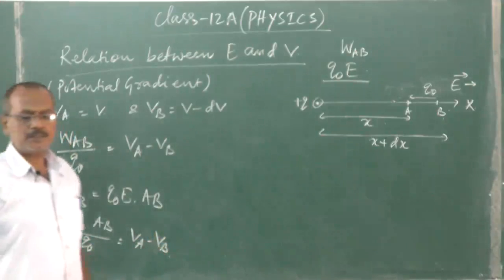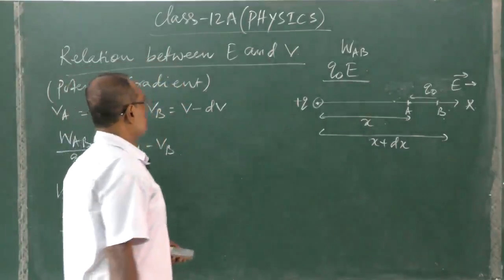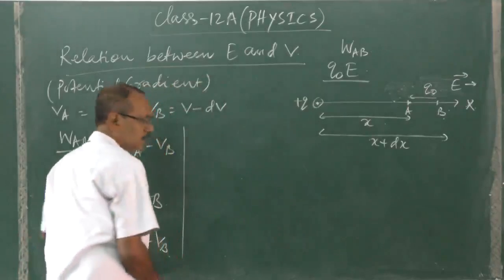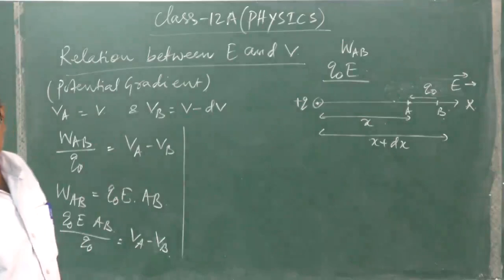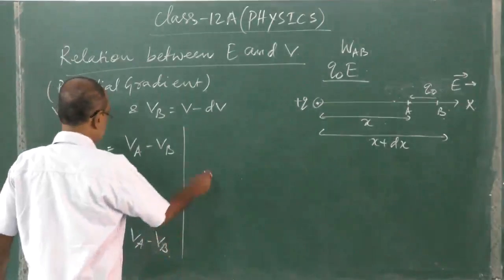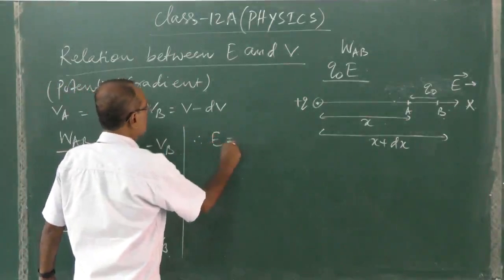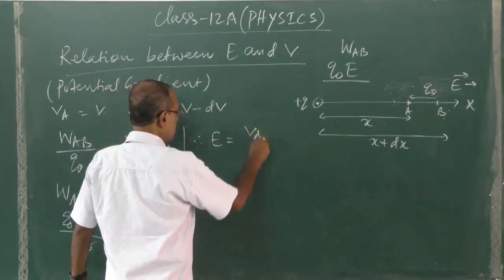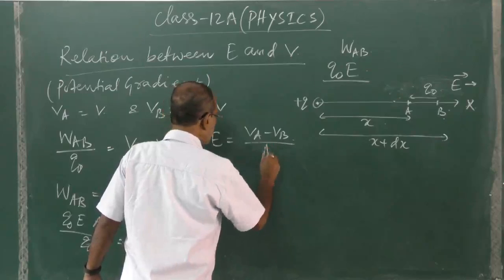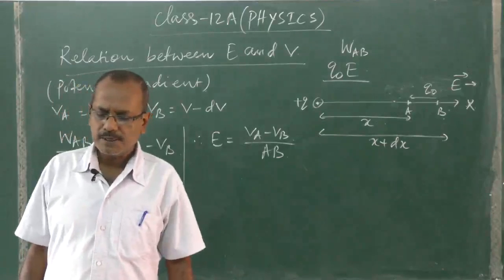So Q0 cancels. Then E equal to how much? So therefore E is equal to VA minus VB by AB.